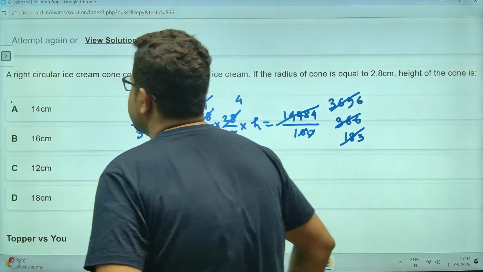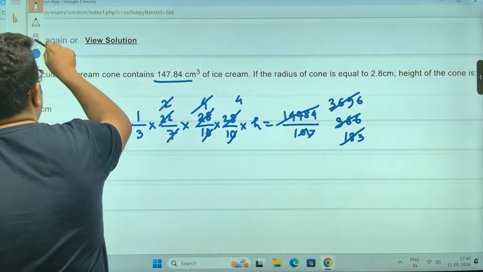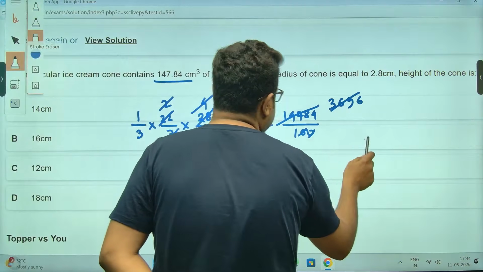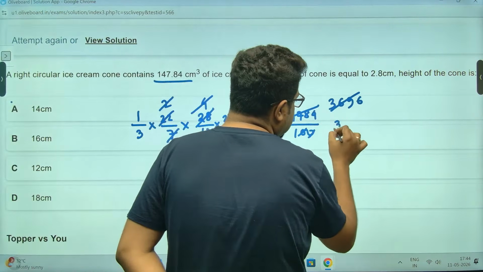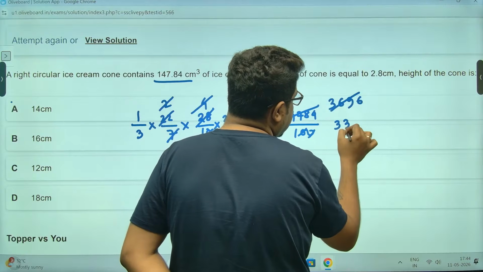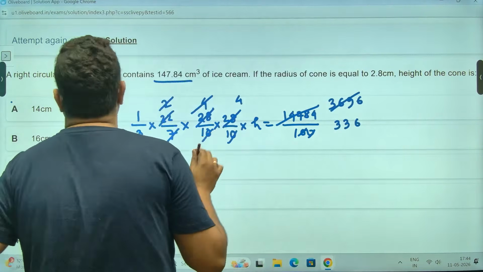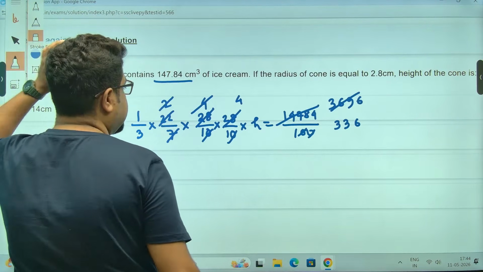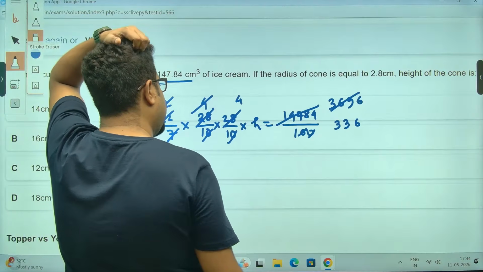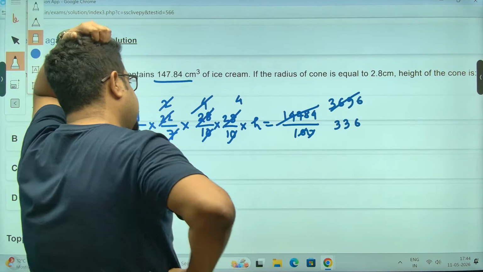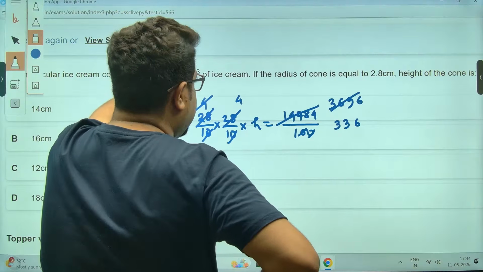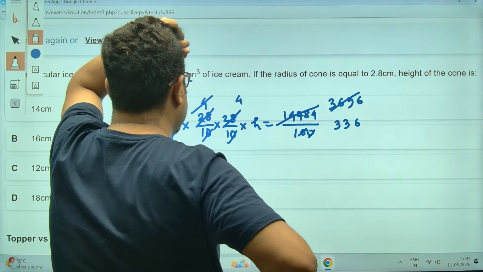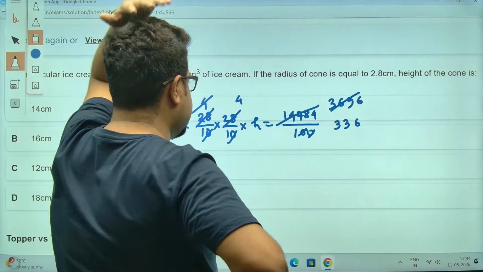Sir, I've done some mistake. 11 multiplication division में sir I've done error. 11 3s are 33, 39, 336. So sorry, sir. And I'm now clueless about which I've cancelled. 11 I had cancelled, this 4 I had cancelled, right?